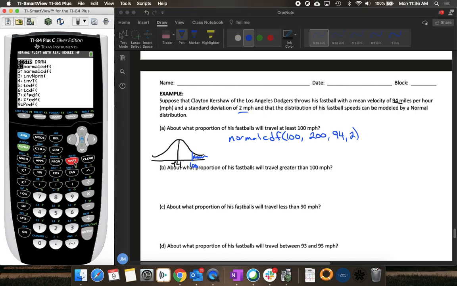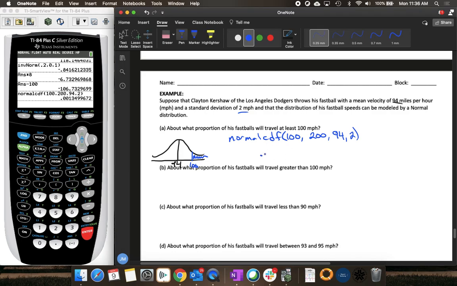So on the distributions menu, normal CDF, 100 for lower, 200 for our upper, and then mean was 94, standard deviation is 2. And so it looks like very few, only 0.0013 of his fastballs will go at least 100.